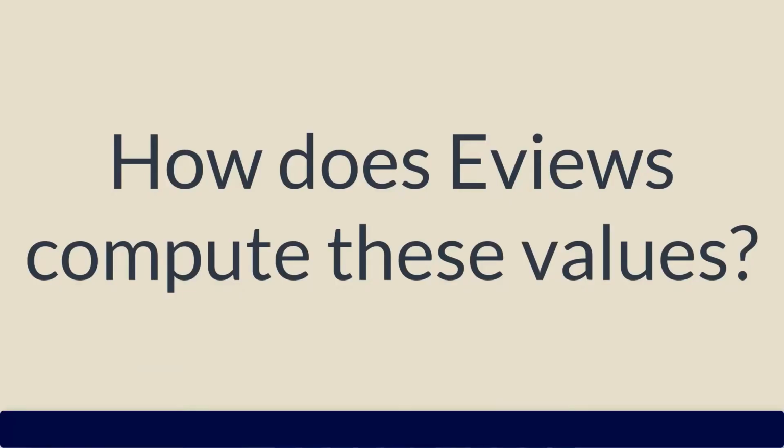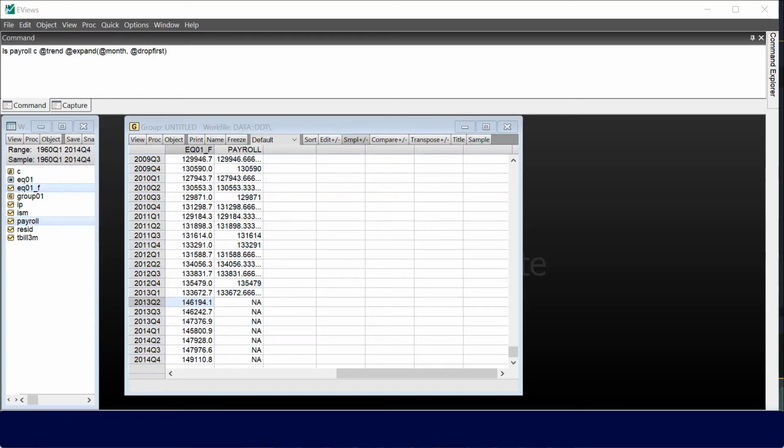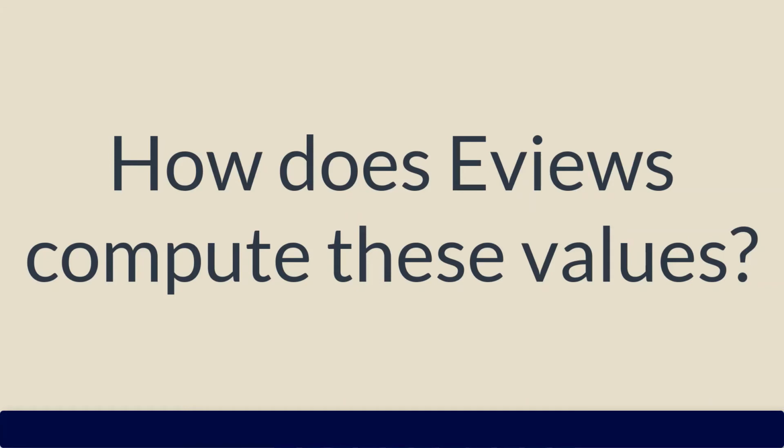How does Eviews compute these values? Let's recall that the explanatory variables in this model are a trend and seasonal factors. Eviews computes the forecast for April 2013 as follows.